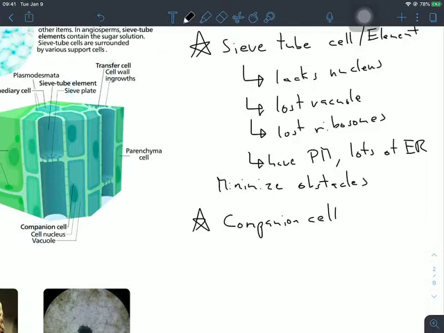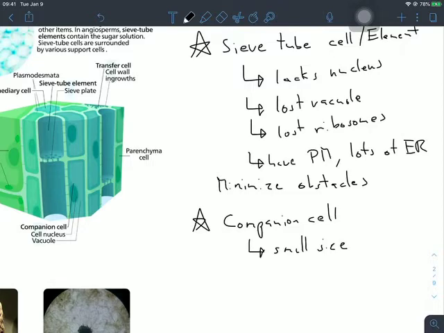A companion cell is kind of the opposite of a sieve tube element. Whereas a sieve tube element is large and bulky, so that way it can move lots and lots of sugar, a companion cell is generally fairly small in size.